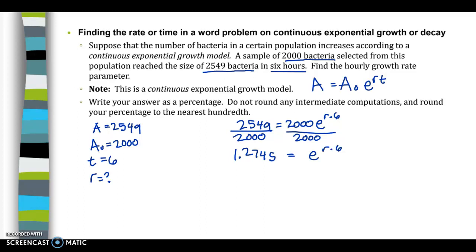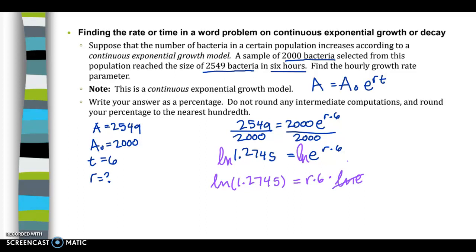Now remember, how did we solve a base e problem? We took the natural log of both sides. So we get the natural log of 1.2745 equals R times 6, because that's the exponent, times the natural log of e.